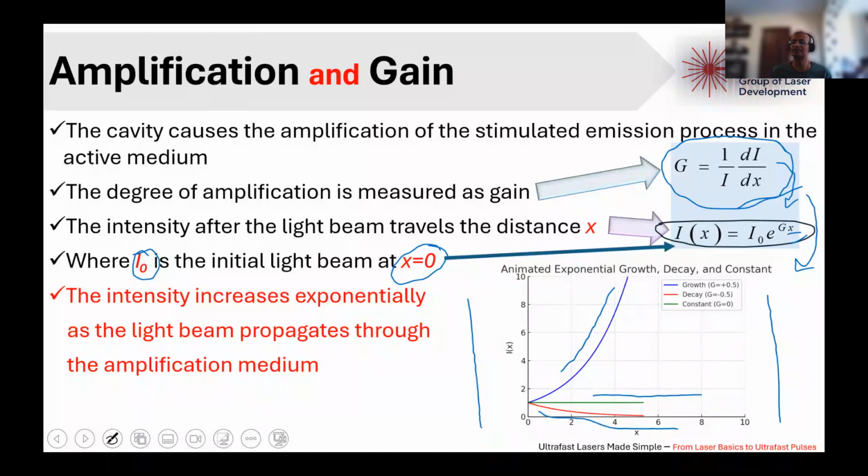When the gain is negative, it's decaying. Intensity increases exponentially, this is exponential increase, as the light beam is propagating through the gain medium, or amplification medium, or the laser medium.